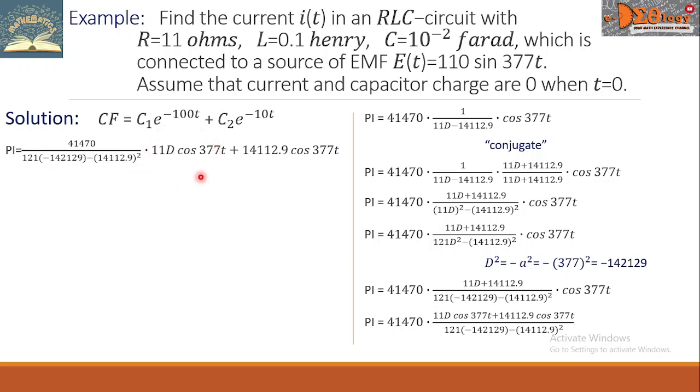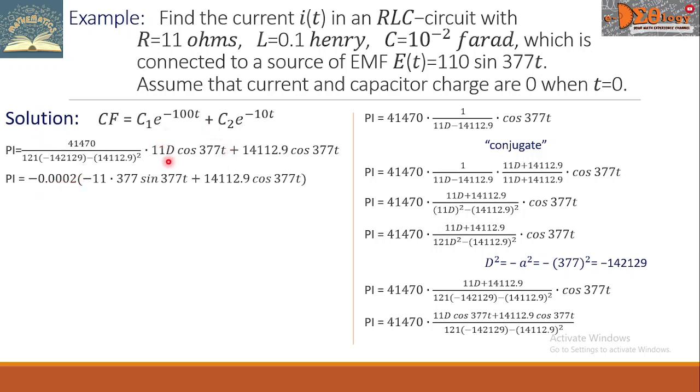And in here, we can see that this is d cosine of 377t, which means we're going to take the derivative of cosine 377t. On the next line, this constant will be negative 0.0002.